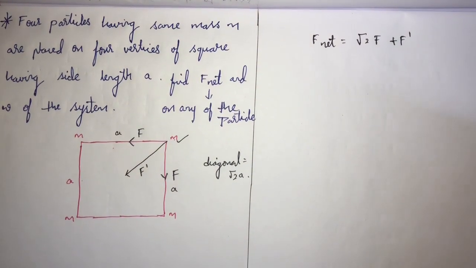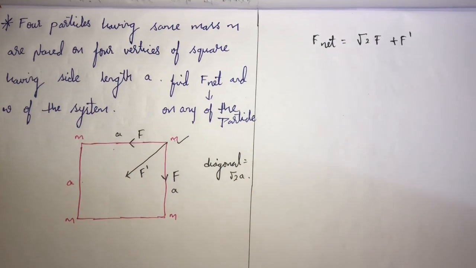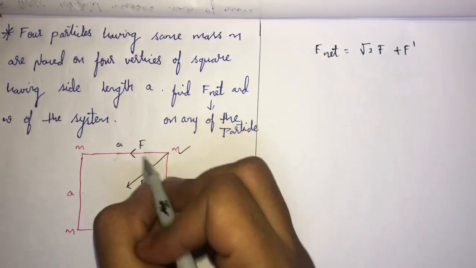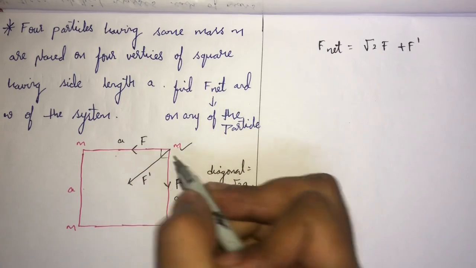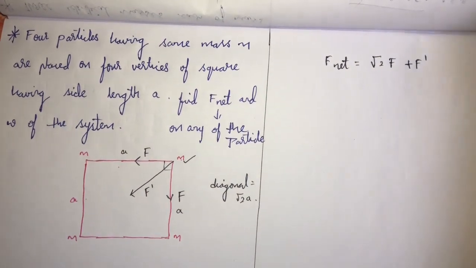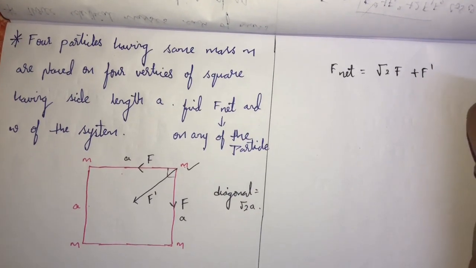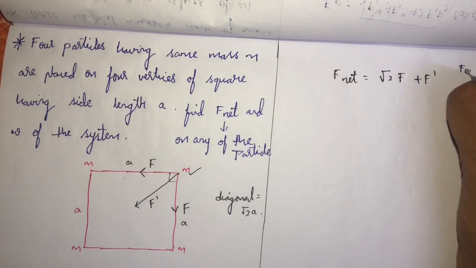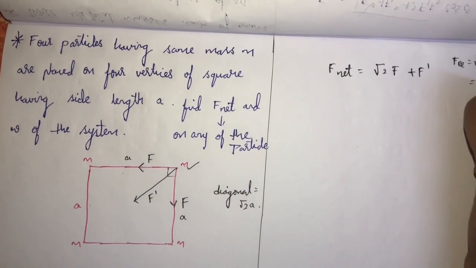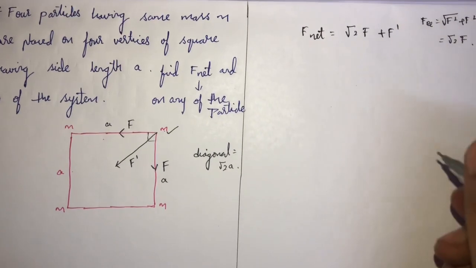Under root of F1 square plus F2 square plus 2F1 F2 cos theta, where theta is 90 degrees, so cos theta is 0. Finally we are left with F1 square plus F2 square, F square plus F square, that is F resultant will be equal to root 2 F. That's clear.